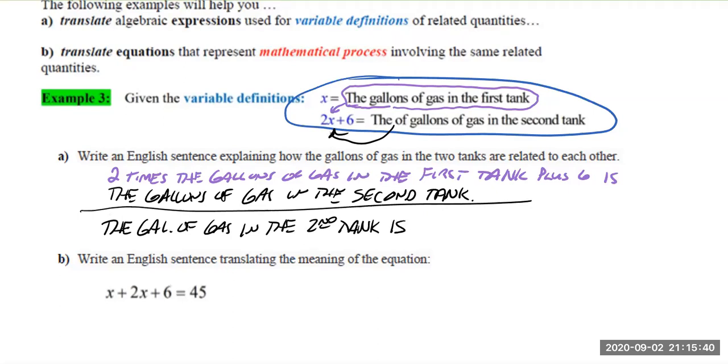And then maybe we can represent this a little better. Instead of just saying 2 times the gallons of gas in the first tank plus 6, maybe we can say something like 6 more than, and instead of saying 2 times, we can say twice the gallons of gas in the first tank.